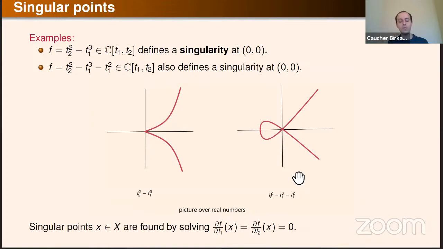And that's why we say there is a singularity. So you see that there is a geometric reason, a visual reason for this being singular. You can see it, but there is also an algebraic reason. There is a precise algebraic formulation of this phenomenon. And that's what makes algebraic geometry really interesting.